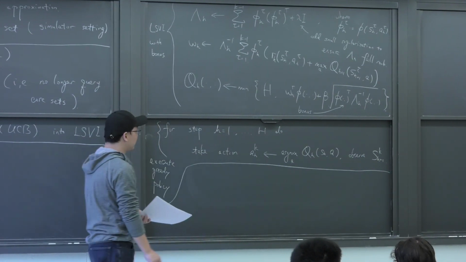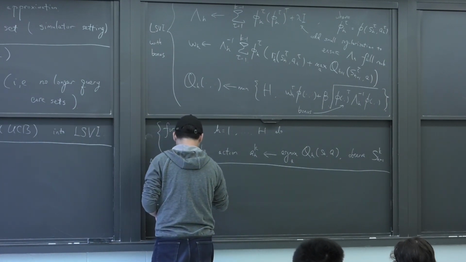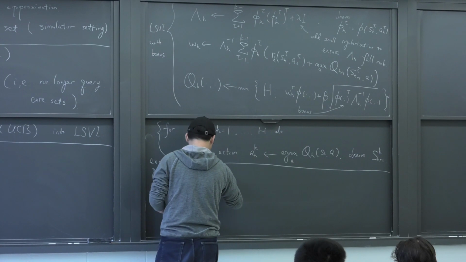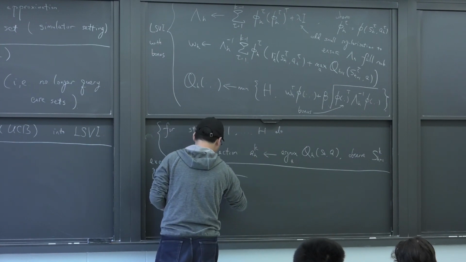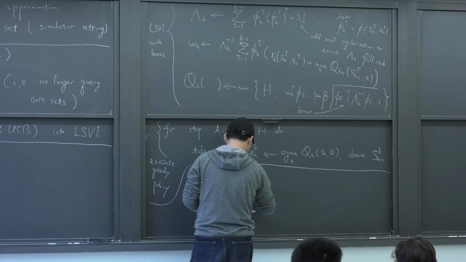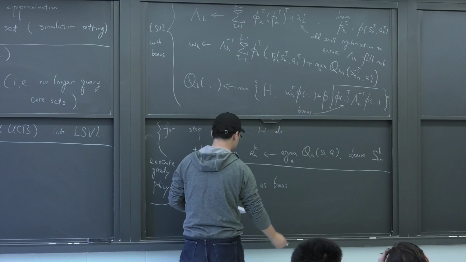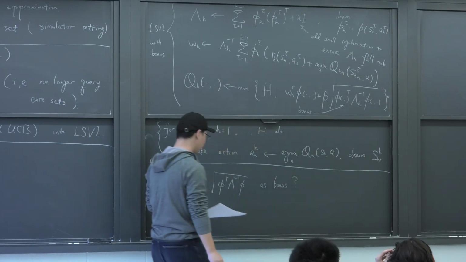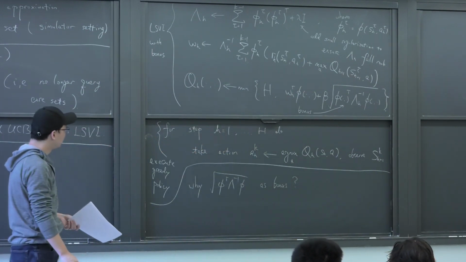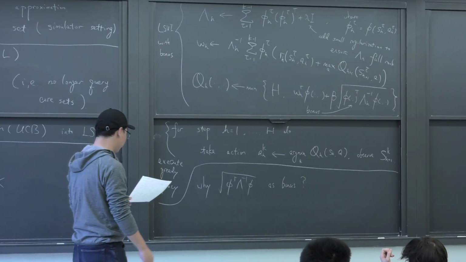So now the question is why we choose this specific type of bonus. Why do we use this phi transpose lambda inverse phi as the bonus? The reason is pretty specific to linear function approximation.